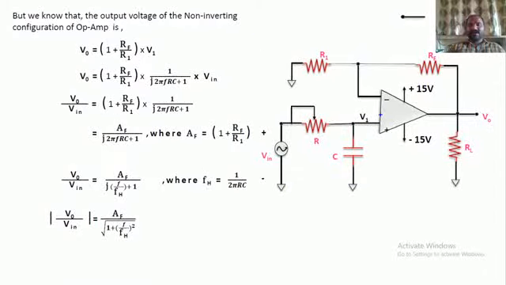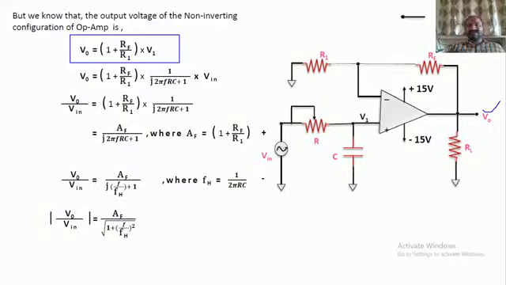If you see this, what is our interest? Our interest is to calculate the output voltage of this particular circuit. But we know that the op amp is configured in the non-inverting mode, so we know the formula for calculating its output voltage. In the non-inverting configuration mode, the output voltage is 1 plus RF by R1, that is the feedback resistance by the input resistance, into Vin.